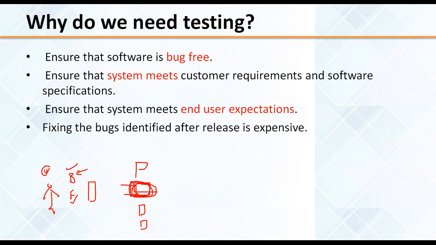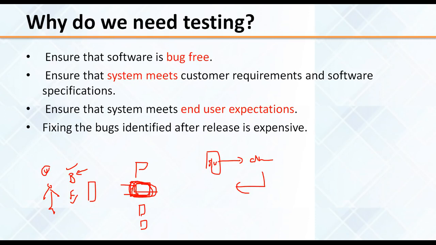Once we have developed the software and delivered it to the customer, if the customer starts using it and finds a large number of defects in the production systems, then they will come back and get frustrated. To avoid this, we need to test the software before delivering to the customer.